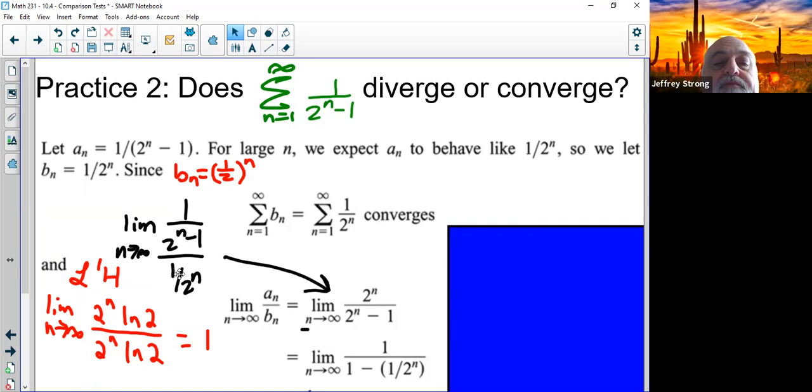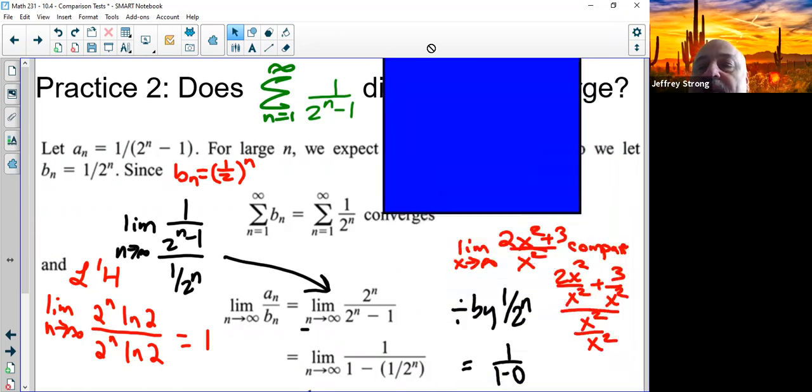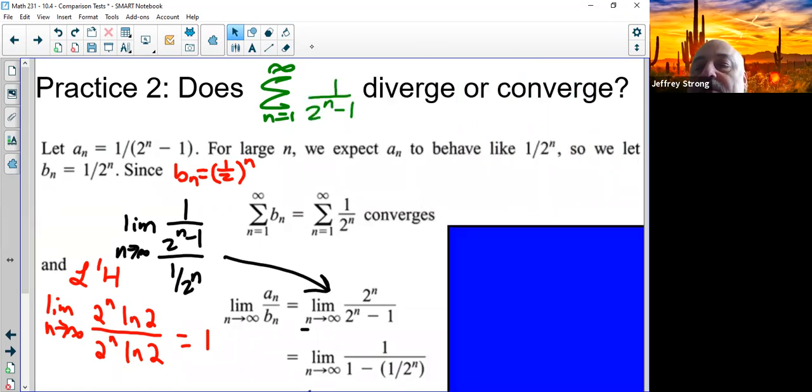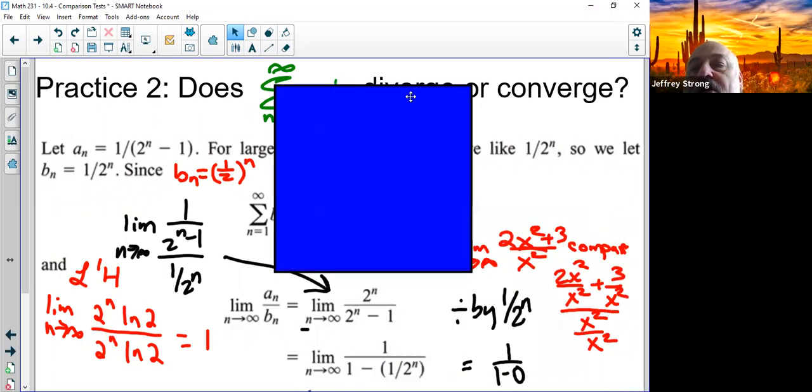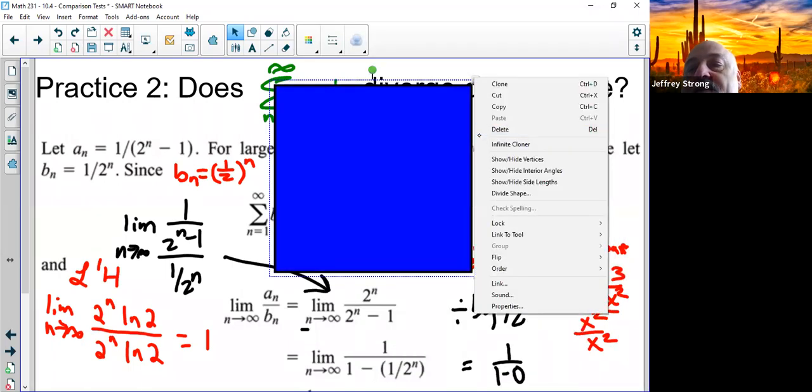If we multiply top and bottom by 2 to the n to get rid of the complex fraction, it becomes 2 to the n over 2 to the n minus 1. Now, taking the derivative of 2 to the n is a little tricky.